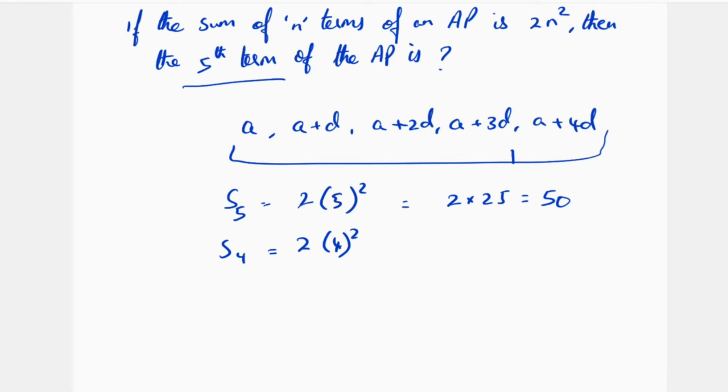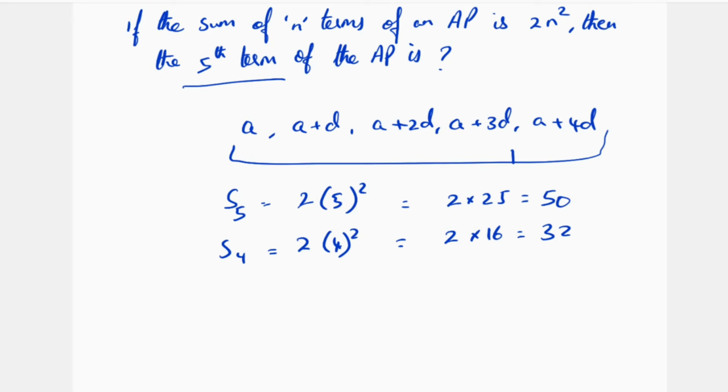When I take sum to 4 terms, n over here is 4. So I will be having 2 into 4 square, which is 16, which gives me 32.